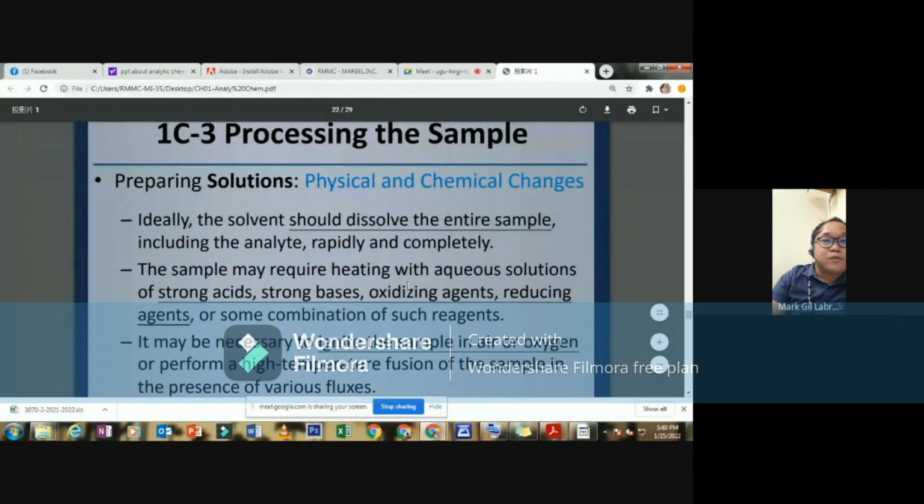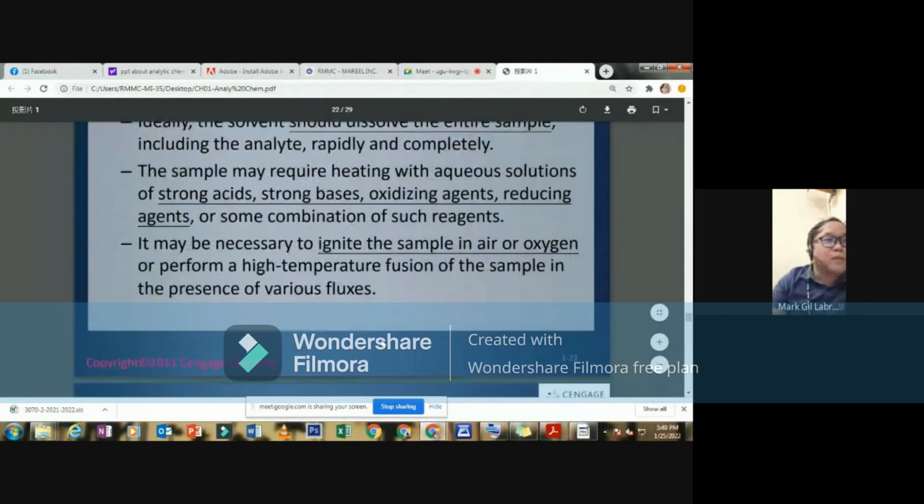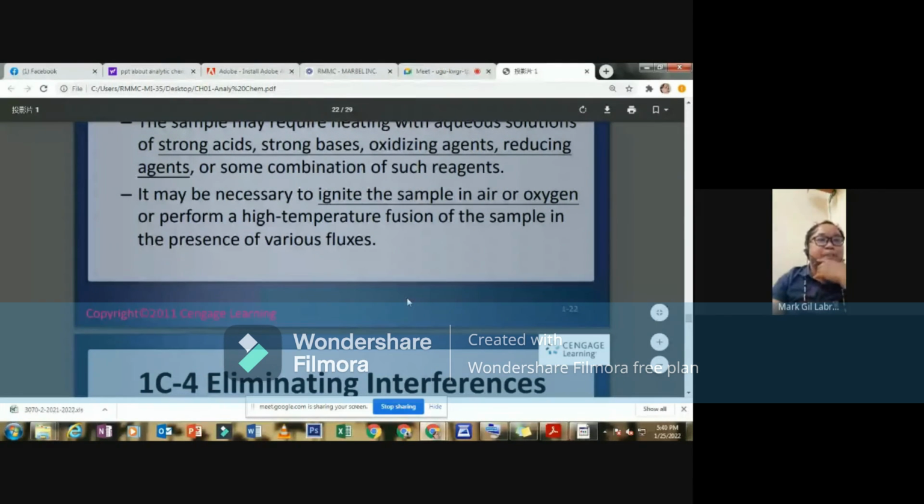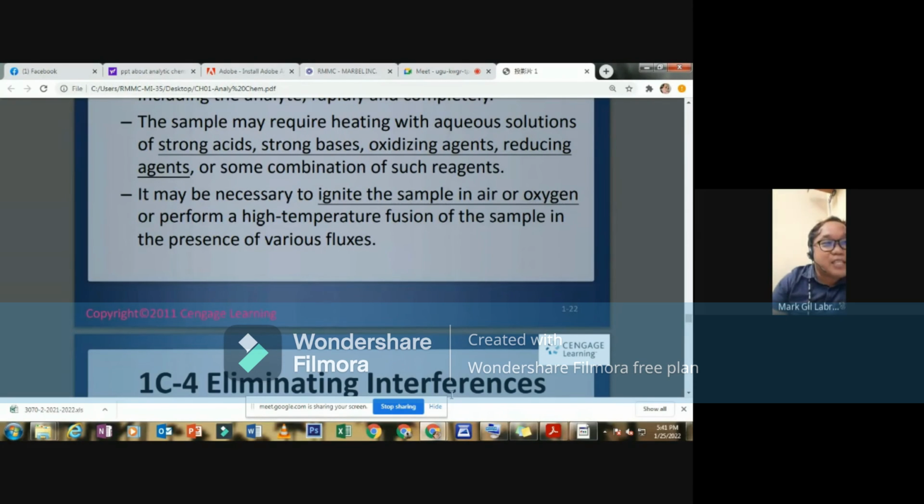So meron tayong mga heating. So dito sa school natin, maybe we can perform some of this, yung mga basic heating. Siguro imposible naman walang mga tripod dito, walang mga alcohol lamp. No, gagamitin natin yan. So it may be necessary also to ignite the sample in air or oxygen or perform a high temperature fusion of the sample in the presence of various fluxes.